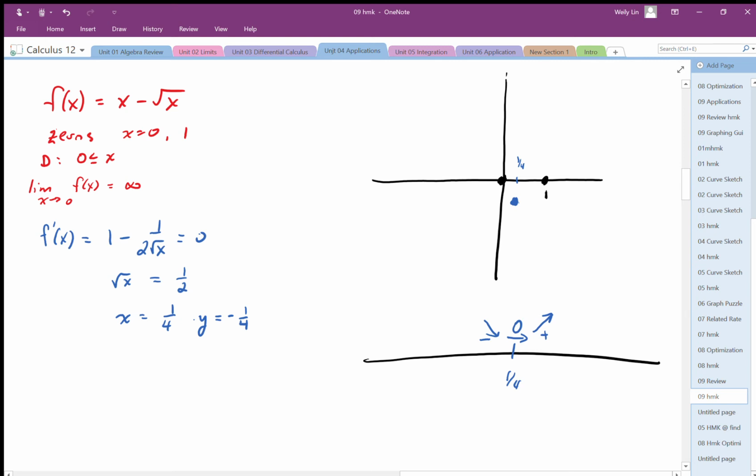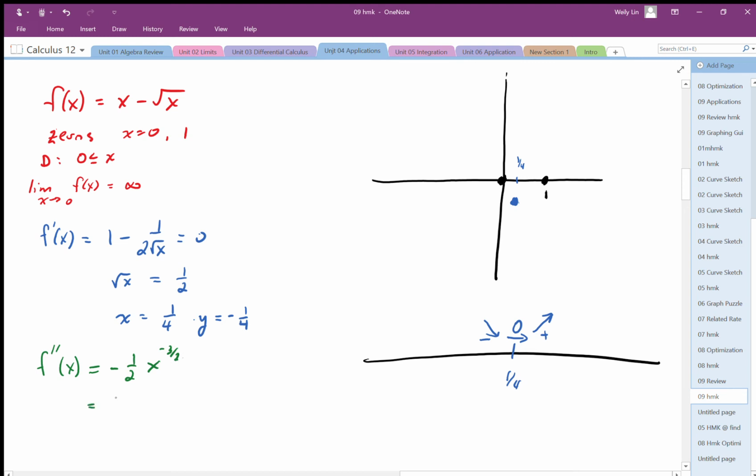I could check for some inflection points as well. My inflection points, I don't think there are any for this graph, but if I do a second derivative, I can differentiate this. I get negative 1/2. This becomes x to the power -3/2.